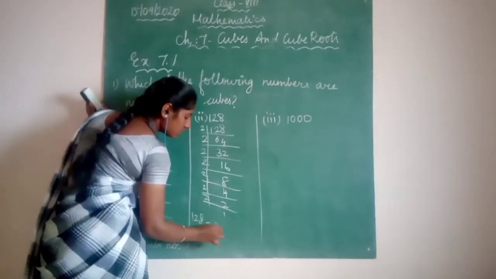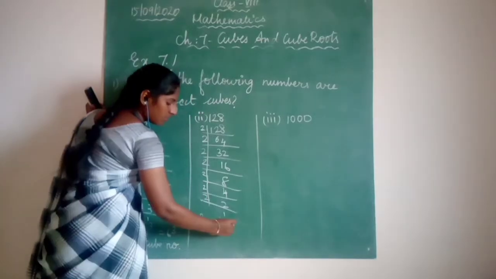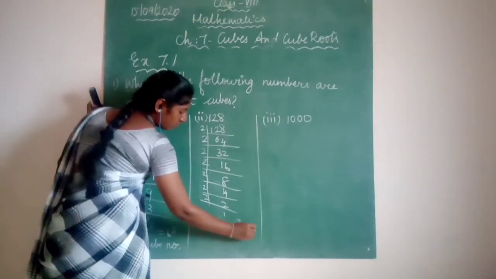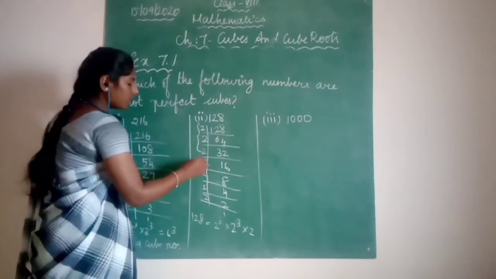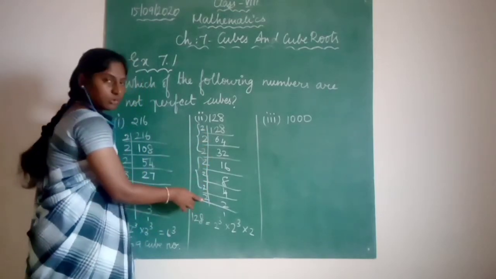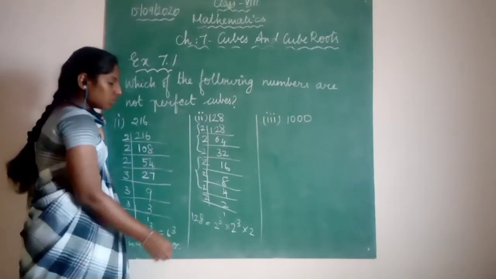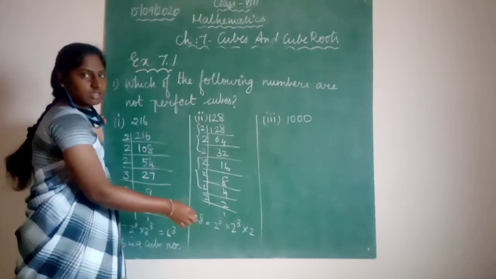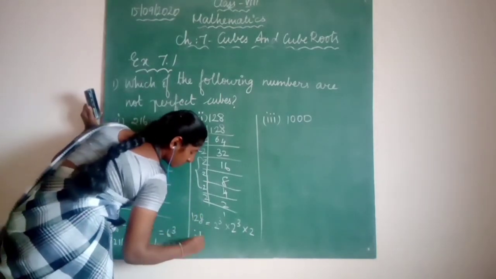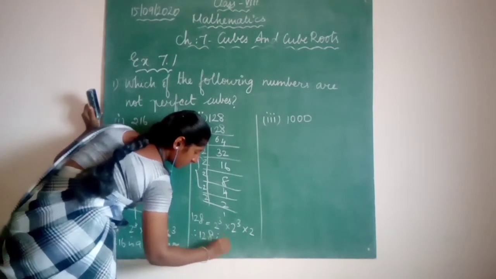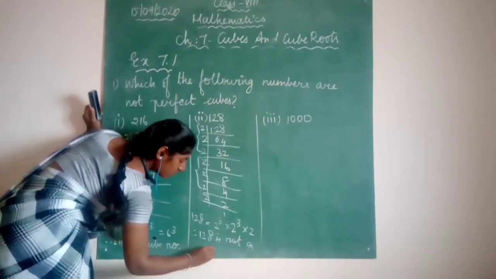That is 2 cube into 2 cube into 2. Yes or no? Look here, you have 2 cube and again 2 cube, and only one 2 is left out. So this cannot be a cube number because we cannot arrange the factors into groups of 3. Therefore 128 is not a cube number.